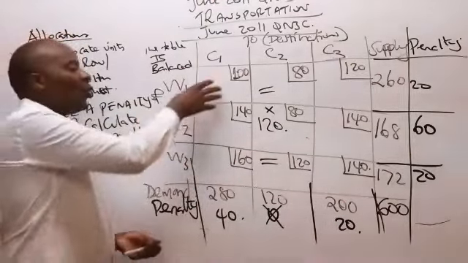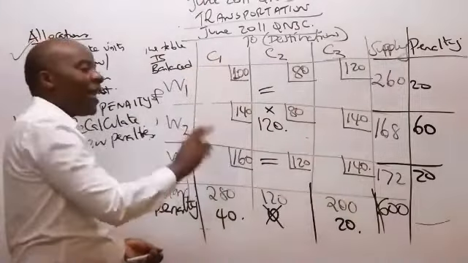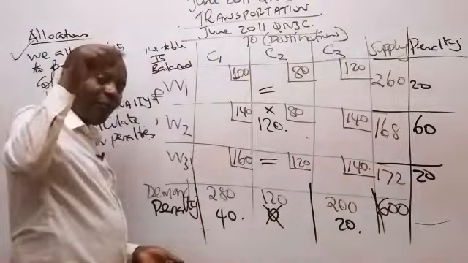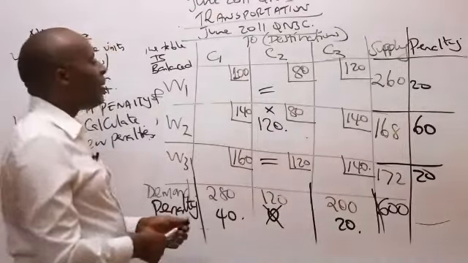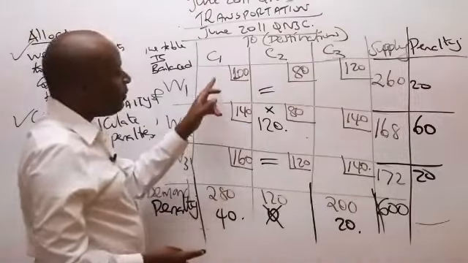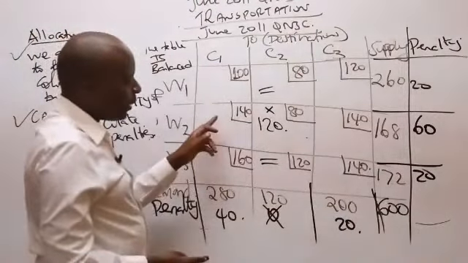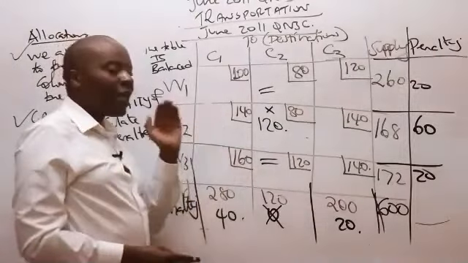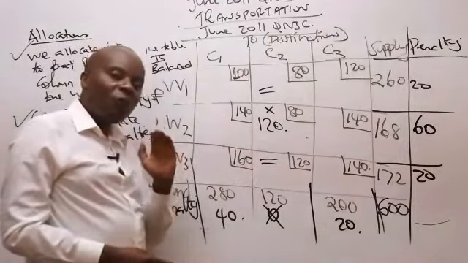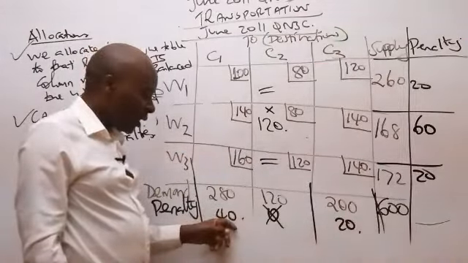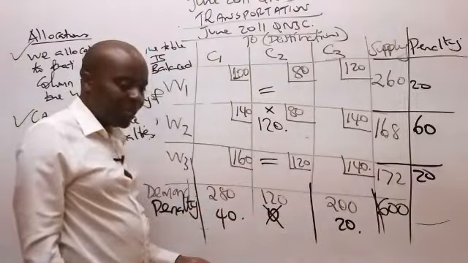And when I come to looking for these penalties afresh, I know it's about two best cells: best cell minus second best. So looking at this column very well, the very best cell is 100, followed by the next one, which is 140. So 100 minus 140 gives me a penalty of 40. There is no good reason for me to delete this and write 40 again just beside it.